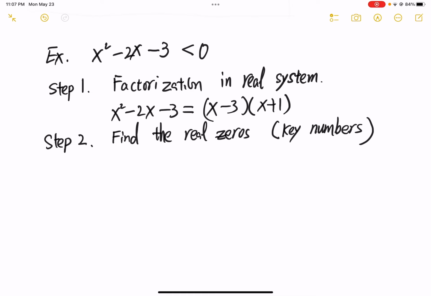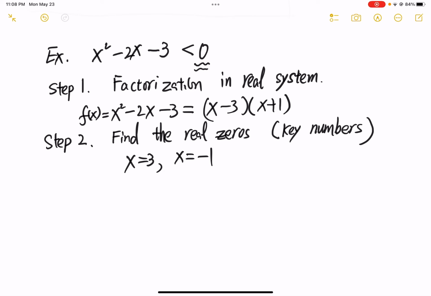Here one thing I should mention is that we always want to keep the right side to be 0. If we let this be f of x, we find the real zeros of f. So this is x equals 3 and x equals -1.